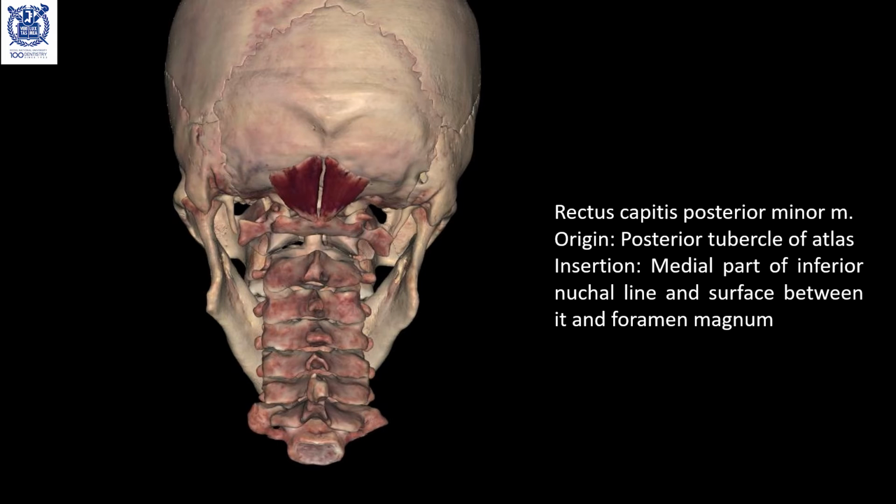It is innervated by a branch of the dorsal primary division of the suboccipital nerve. This muscle extends the head at the neck, but is now considered to be more of a sensory organ than a muscle.